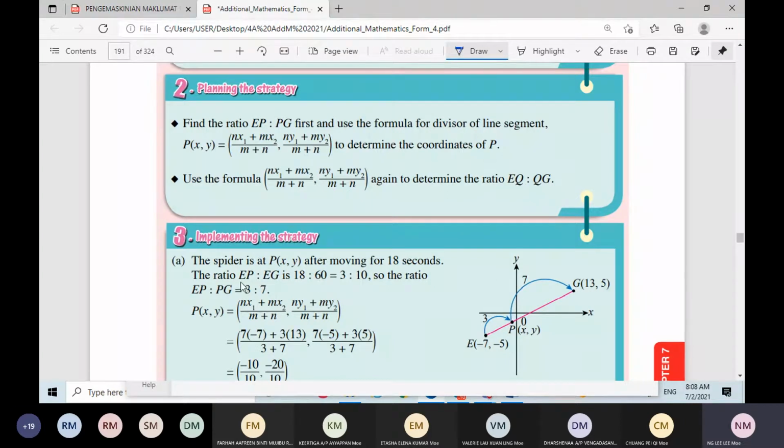E to P is 18 seconds, then E to G is 60 seconds, which is the 1 minute.